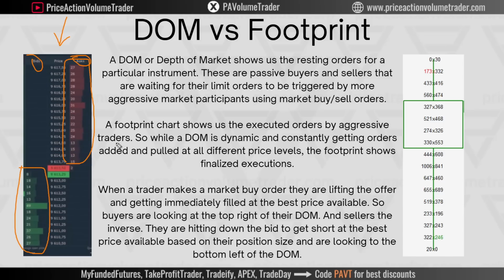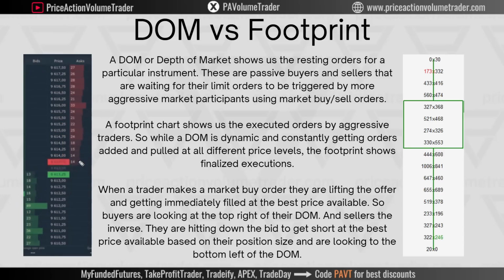Okay, if we only had passive market participants, the market would simply not move, because we would just have orders to sell all the way up here, orders to buy down here. But if no one is willing to get aggressive and pay up in order to buy, or pay down in order to sell and get short, the market would be stuck.